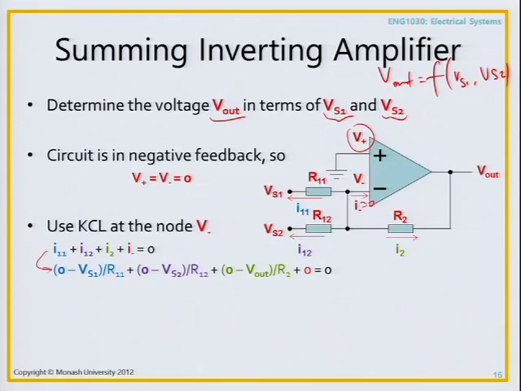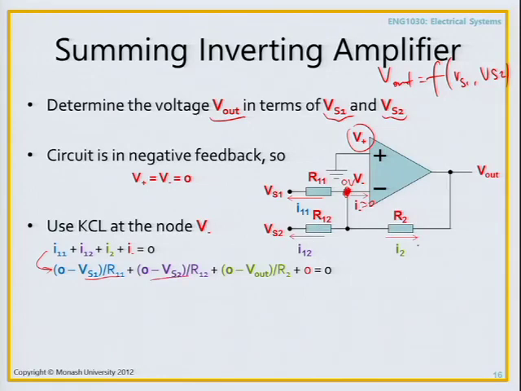Okay, so I11 is the current going to the left through R11, and that'll be 0 volts, subtract VS1 volts, divided by R11. So that's this one here. I12 will be 0, again here, subtract VS2 divided by R12.